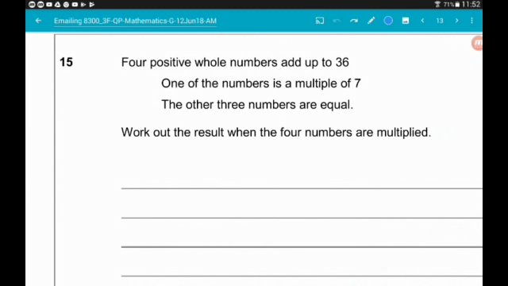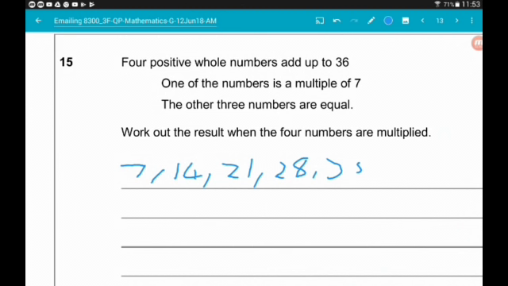Multiples of 7 underneath 36 are 7, 14, 21, 28, and 35. So these are our possible numbers for the multiple of 7.